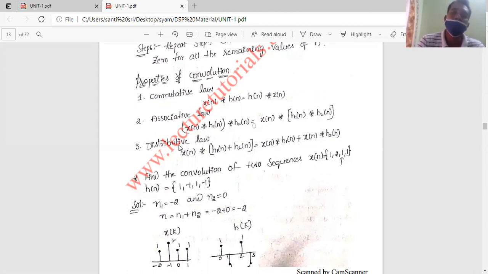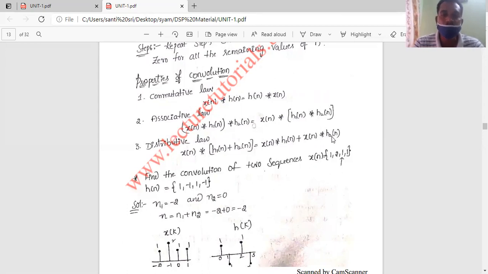Similarly, distributive law can be represented as x of n convolved with the whole of h1 of n plus h2 of n is equal to x of n convolved with h1 of n plus x of n convolved with h2 of n. Right? So these are the three basic properties of convolution.